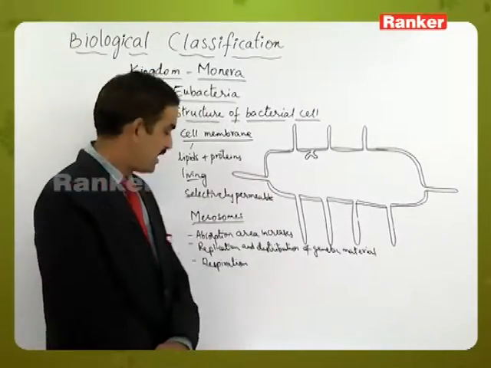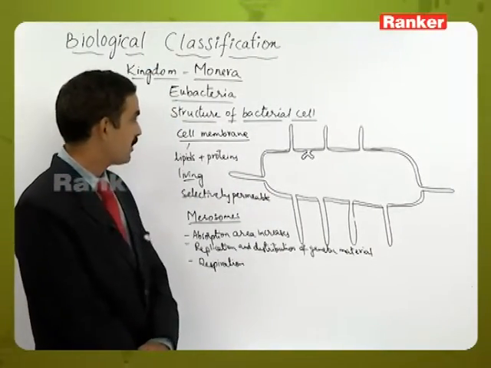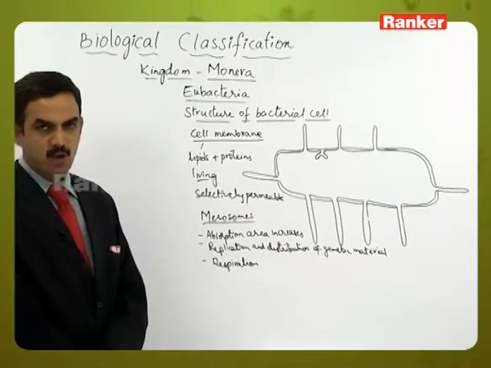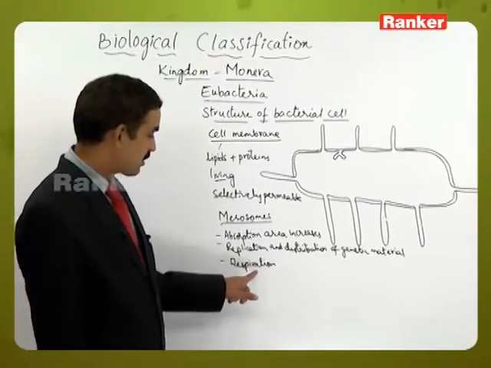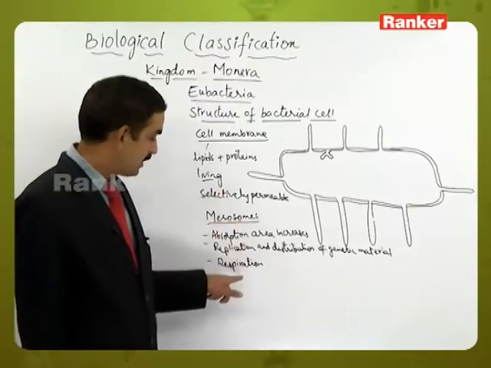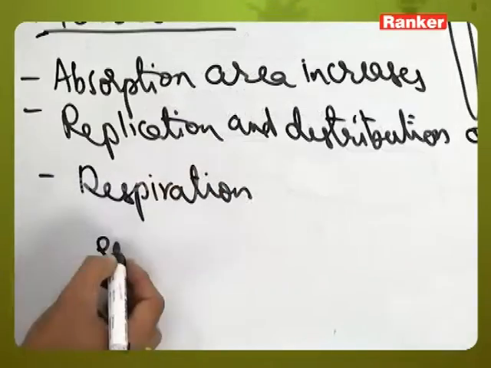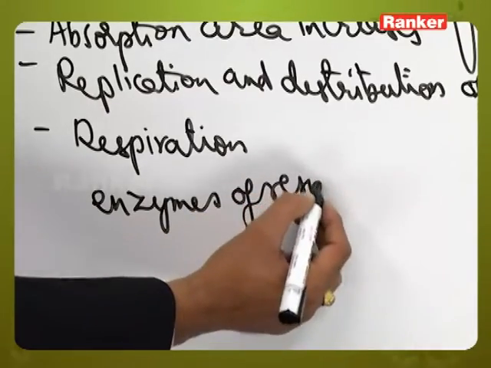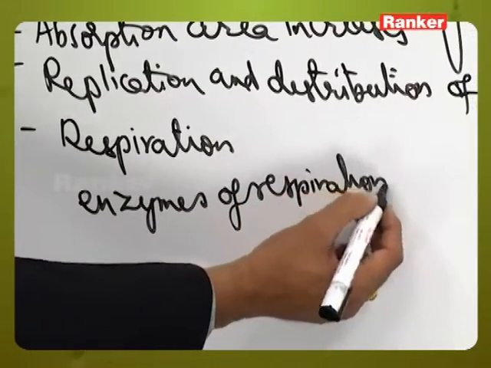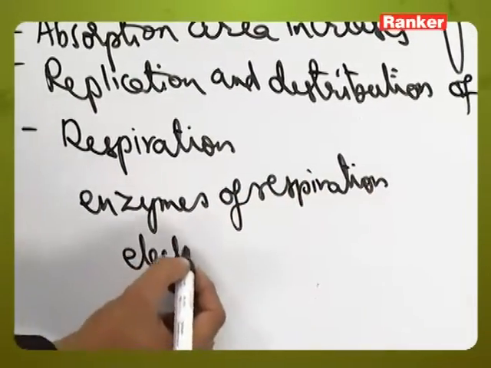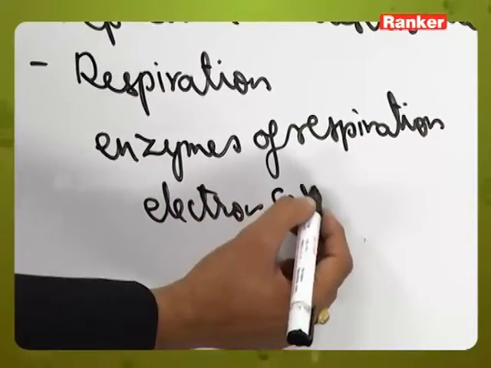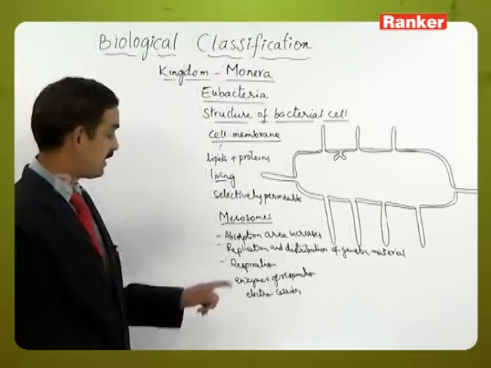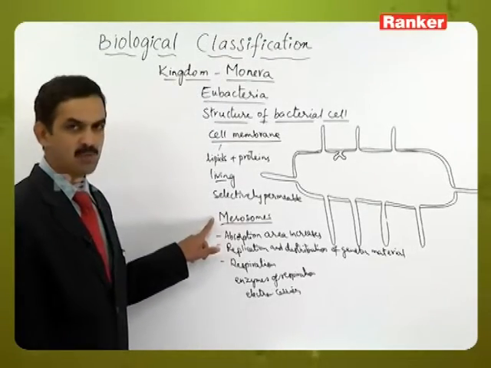Why did they consider it a site of respiration? Because in the bacterial cell the respiratory organelle, that is the mitochondria, is absent, and that function is taken up by the mesosomes, because the mesosomes contain the enzymes of respiration, and the electron carriers required for the process of respiration are also present in the mesosomes of the plasma membrane.